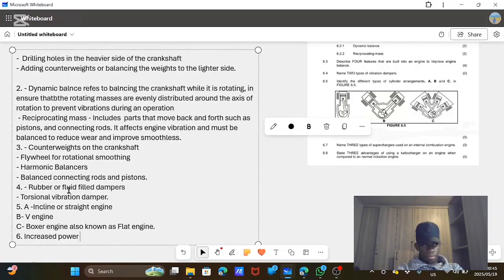Increased power output without increasing engine size. Improved fuel efficiency.